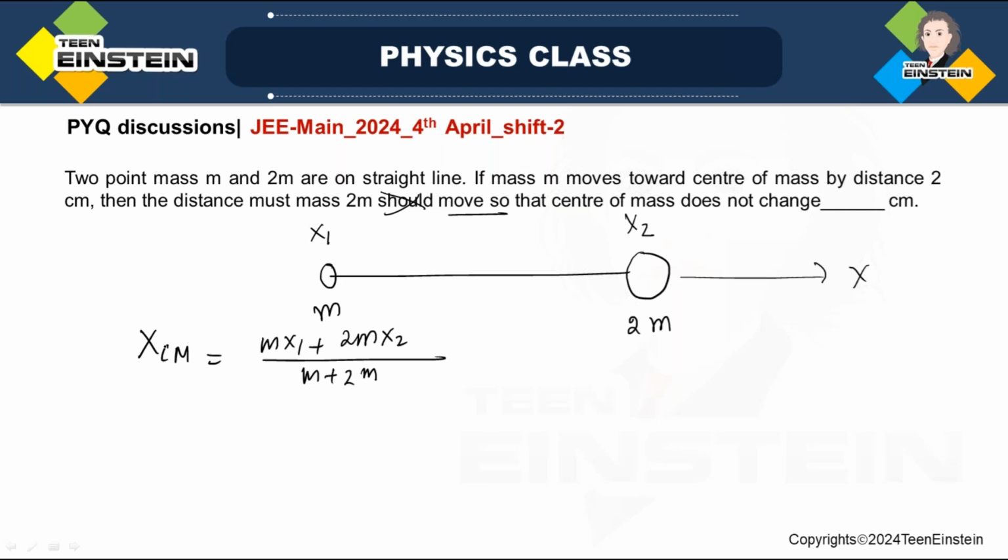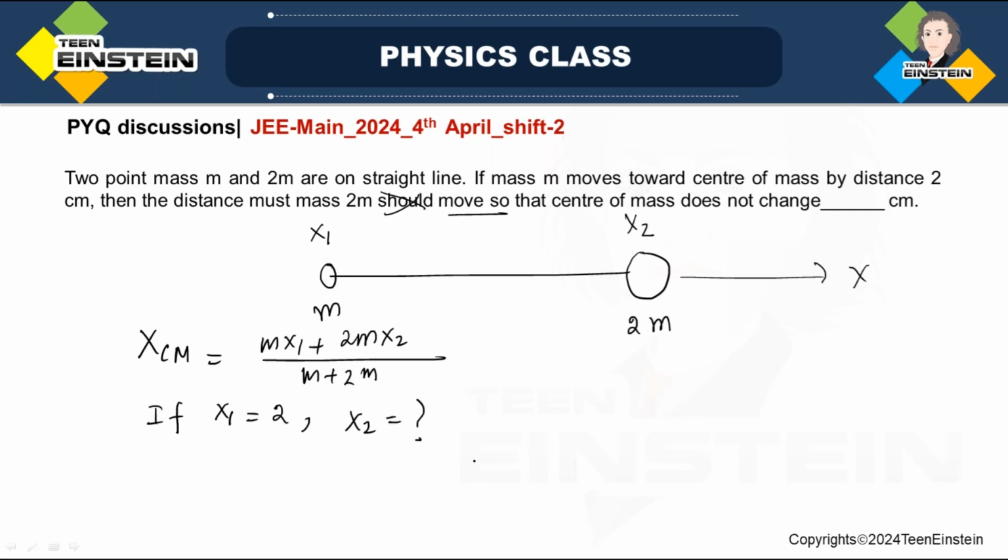Now look, suppose x1 becomes 2 centimeter somehow, then how much should x2 be such that there is no change in this?